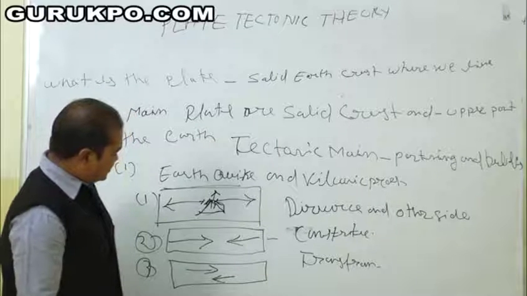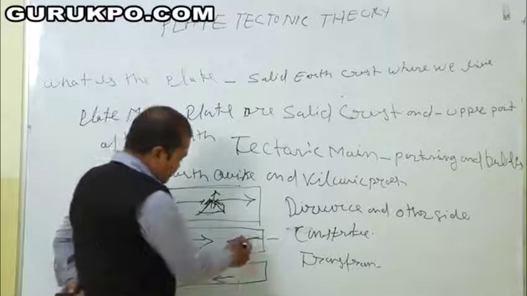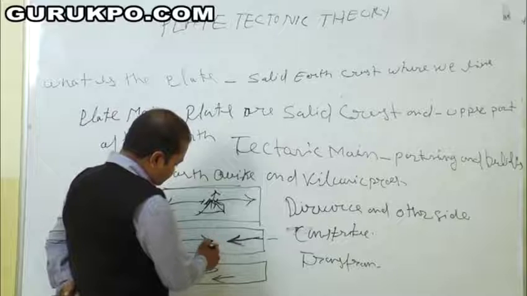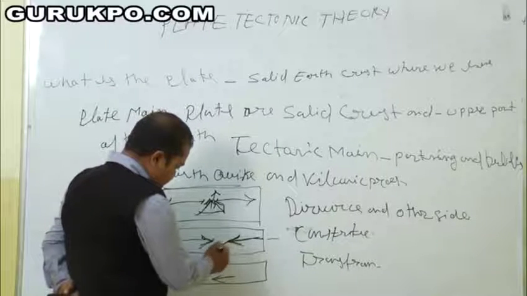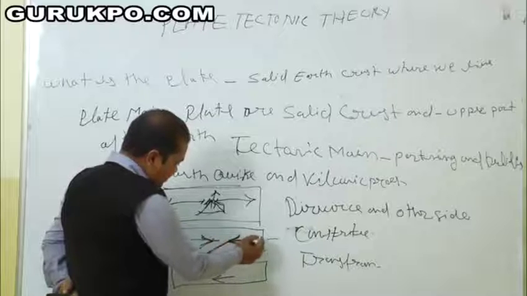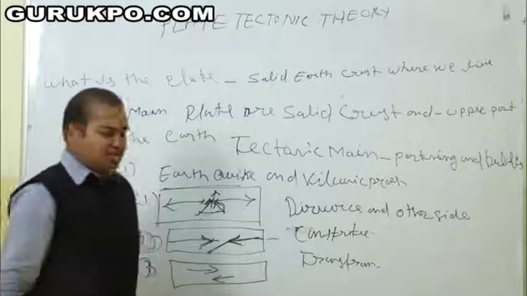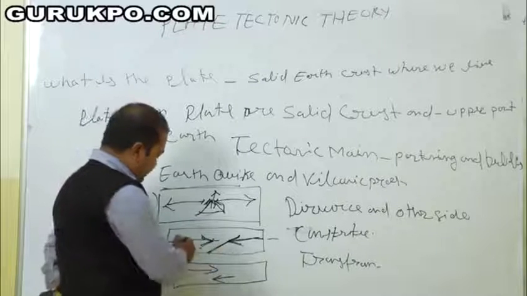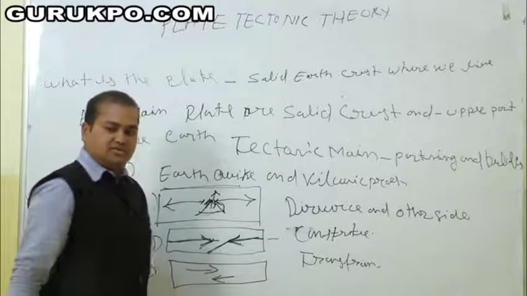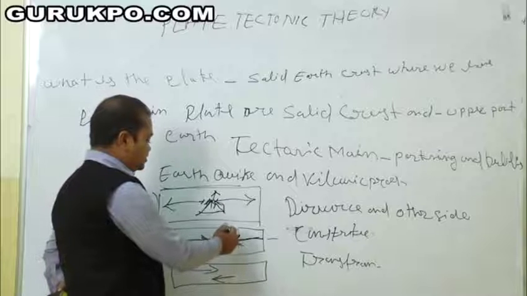Second position is the plate moving toward each other side and destroy the earth surface. Mostly the dense plate is moved downwards and the low density plate is moved on upper position.